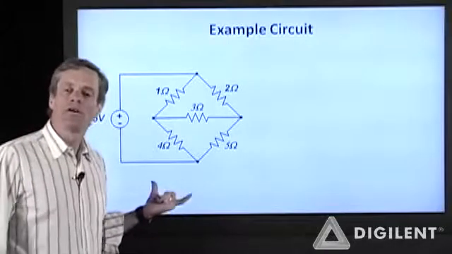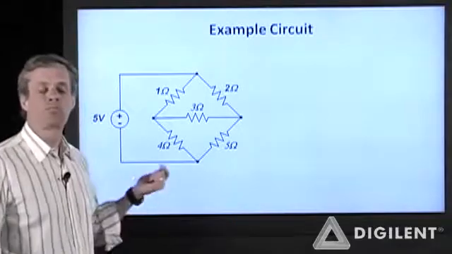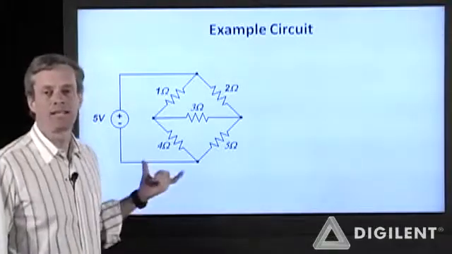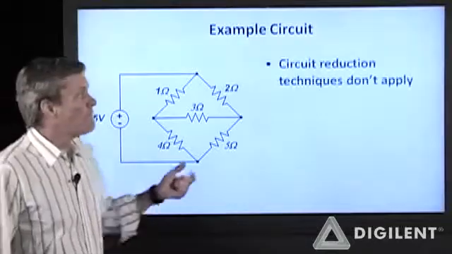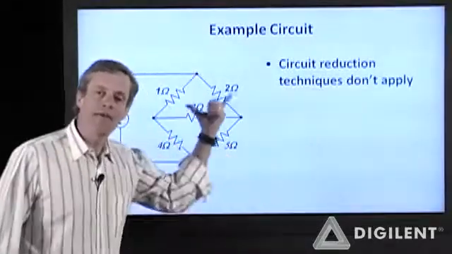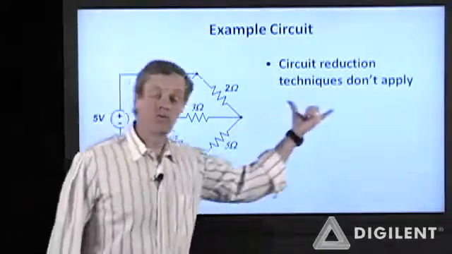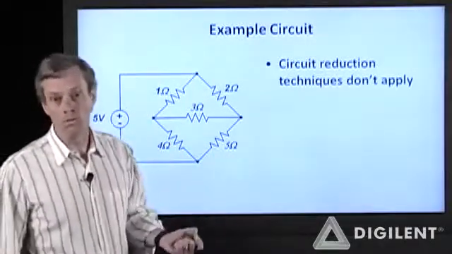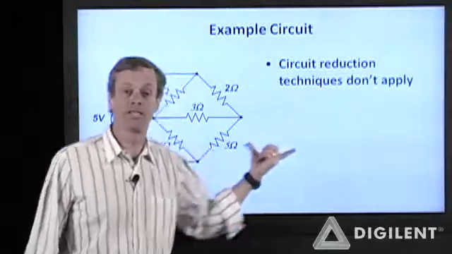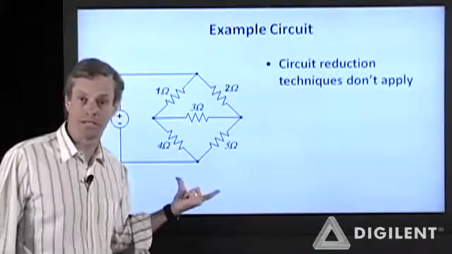Now let's take a look at a quick example circuit and those previous analysis techniques in the context of this example circuit. For this circuit, I can't find a way to apply circuit reduction techniques to get down to what I hope to get to in a circuit reduction technique, which is a single equation with a single unknown.